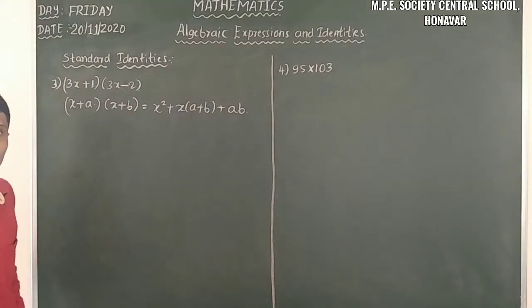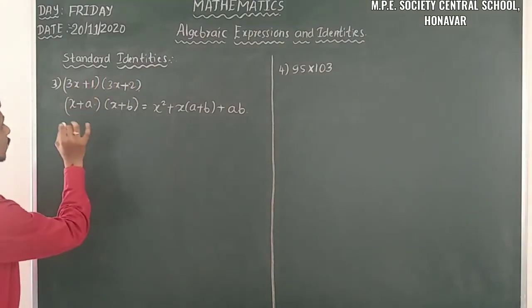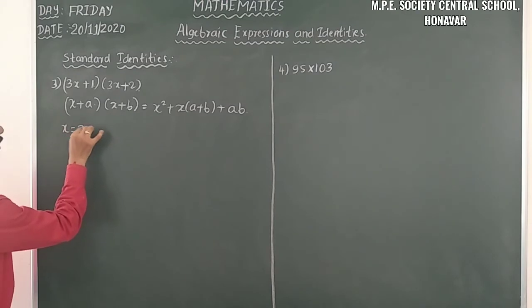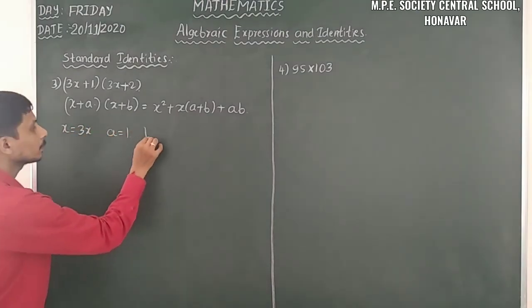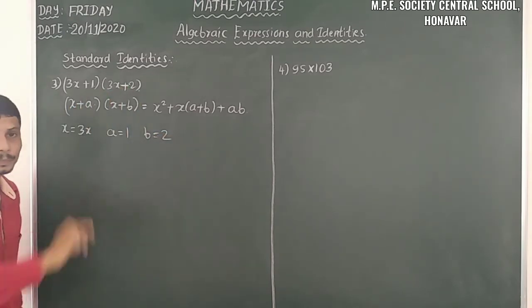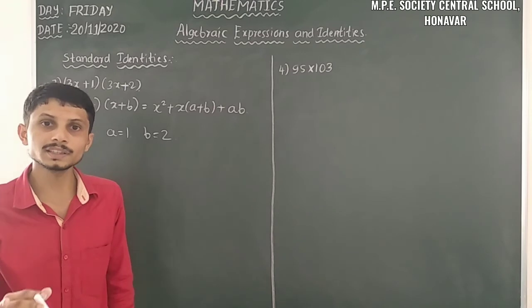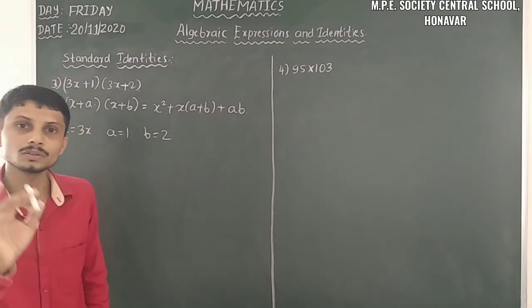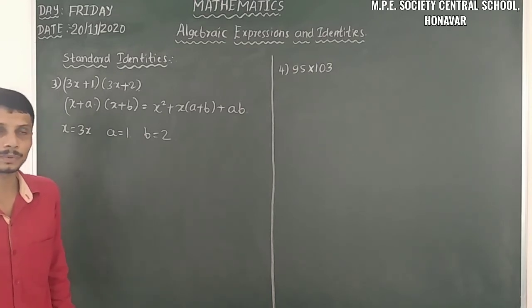In place of a we have 1, and in place of b we have 2. If it is minus 2, you have to take minus 2. If it is plus 2, you have to take plus 2. So you have to be careful about that one.